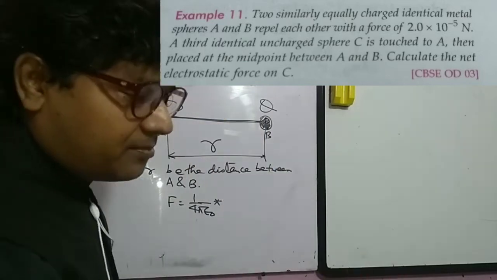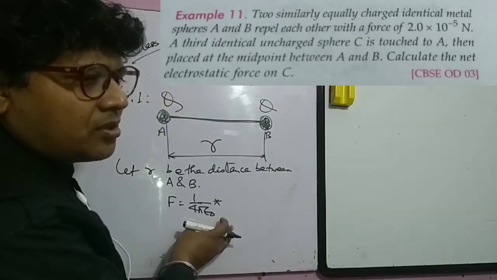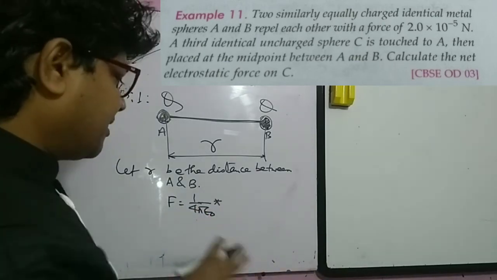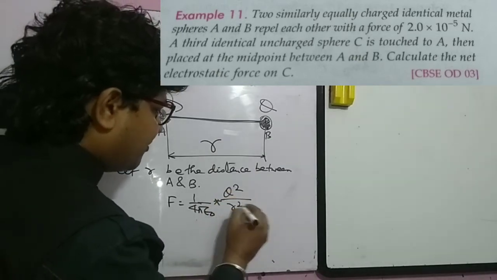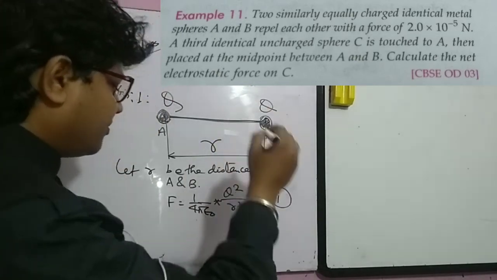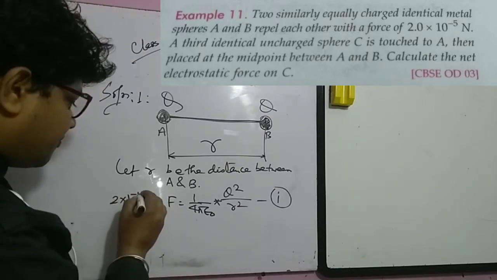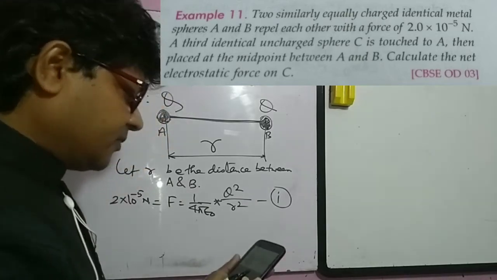If you take another medium, that is again not an issue. So 1 by 4 pi epsilon naught into q square divided by r square. This is your equation number 1. And the data provided is that this force of repulsion is 2 into 10 to the power minus 5 Newton.